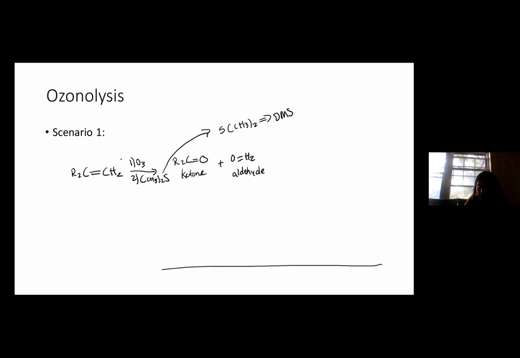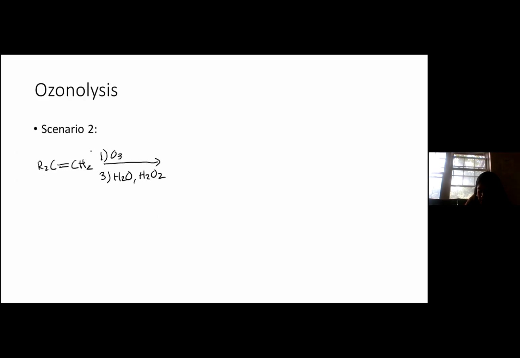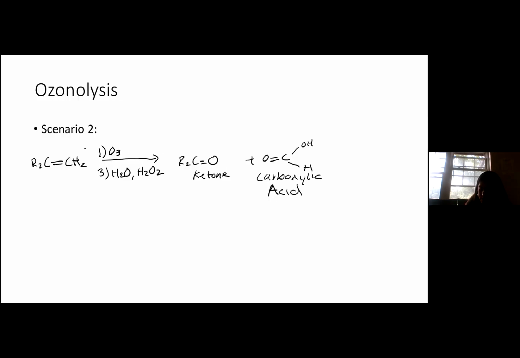Let's look at the second scenario right here. In the second scenario, we have H2O and H2O2. Again, this is peroxide. So in this case, whenever we have this one, which should be step 2, aldehydes turn into carboxylic acids. It's going to be the same products as the other one, except for one minor change.